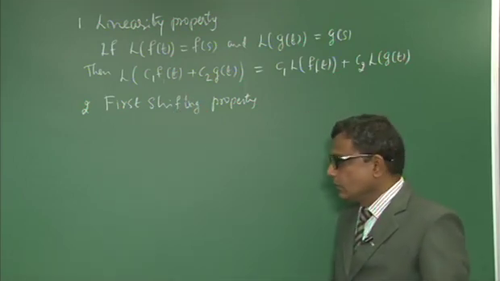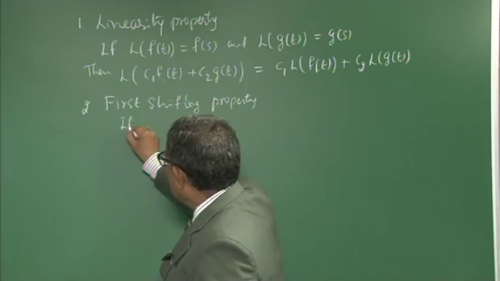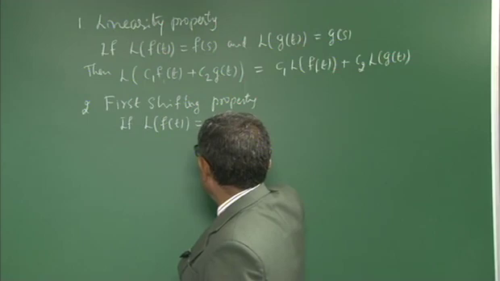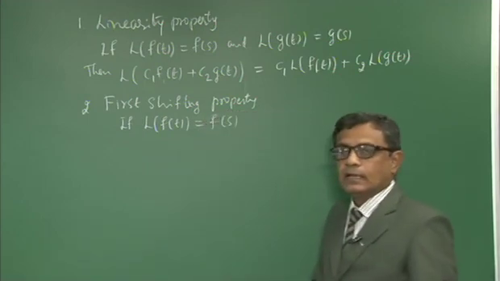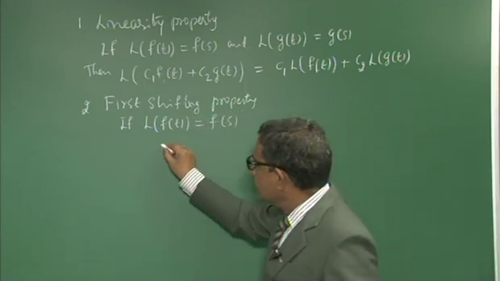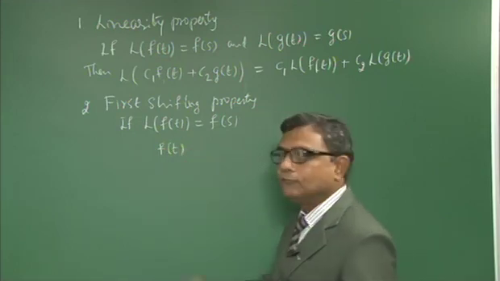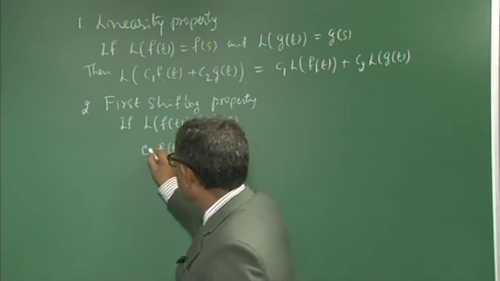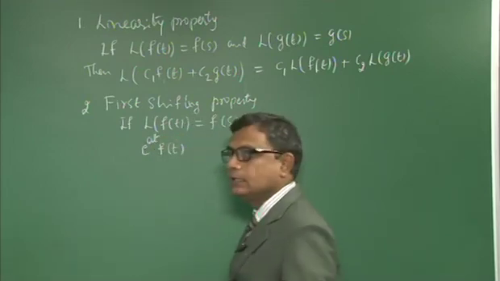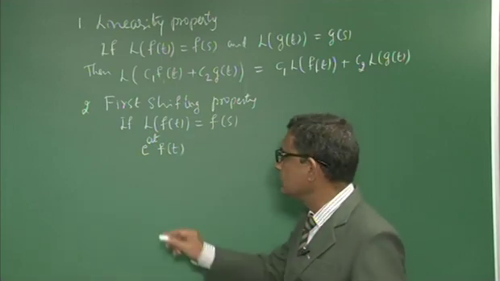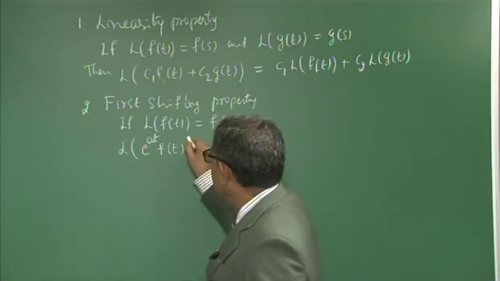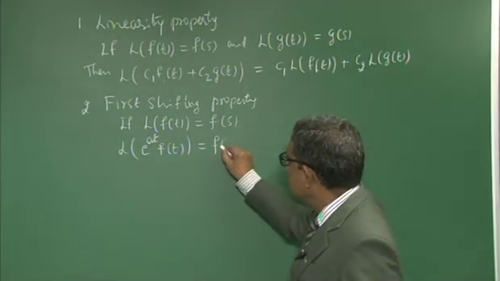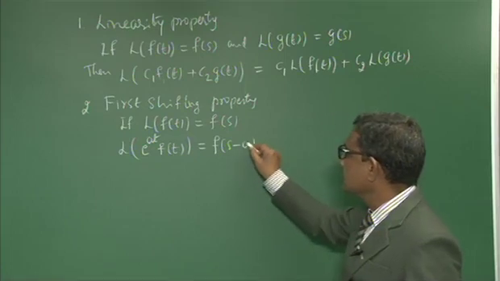Now if L of f of t is equal to F of s, and if the function f of t is multiplied by e raised to at, if you take its Laplace transform, then s changes to s minus a.